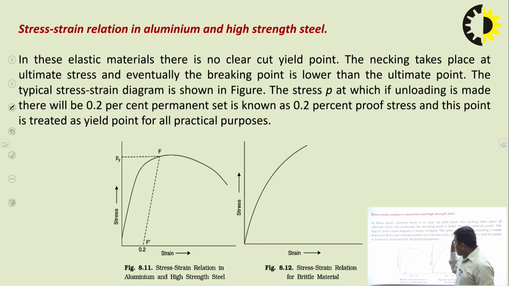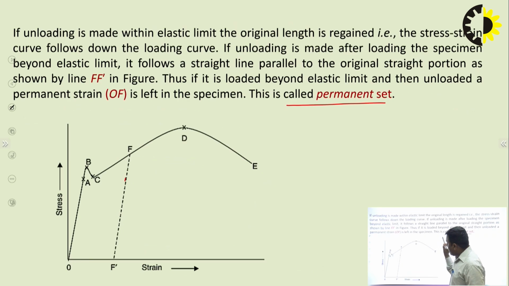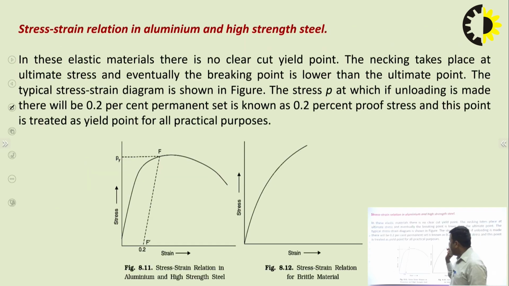What did I say? There will be a 0.2% permanent set. From that point, draw a line parallel to the straight line of the stress strain curve, which intersects the stress strain curve at point F, which is known as the yield point or the ultimate point for that material.